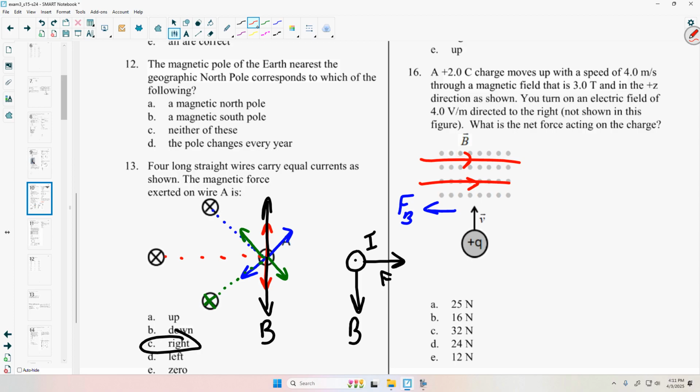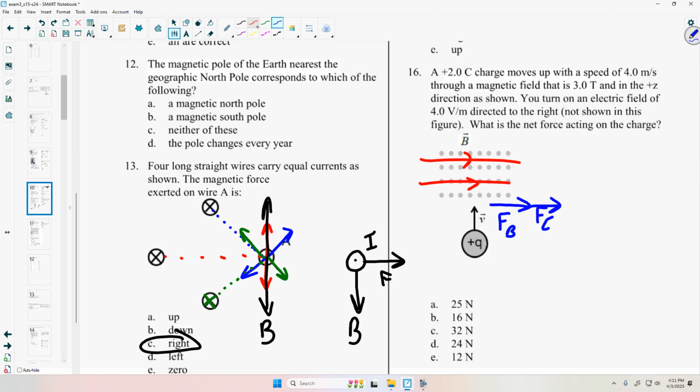Oh yeah. I never make mistakes. The magnetic force is in that direction. Okay? So I had my finger pointed the wrong direction. I had it like this. The magnetic force is in that direction. The electric force is also in that direction.